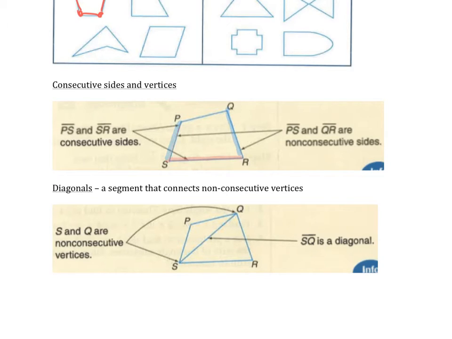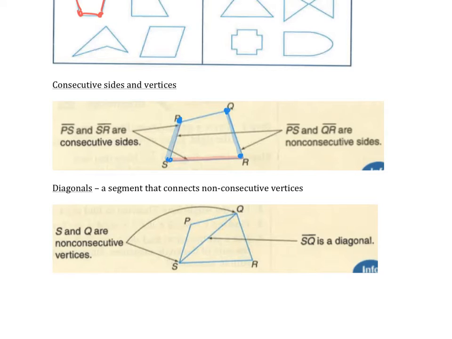The vertices, like we've talked about with triangles, are those corners of the quadrilateral. So we have 4 vertices here: angle P, angle Q, angle S, and angle R. All right. Moving down to diagonals, that's a new term for us. So I'm going to go ahead and highlight that for you.